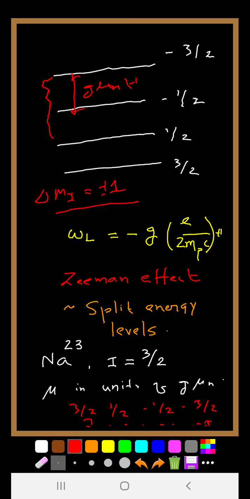So delta mi is equal to plus minus 1. This also implies that the resonance may be observed in an alternating magnetic field.